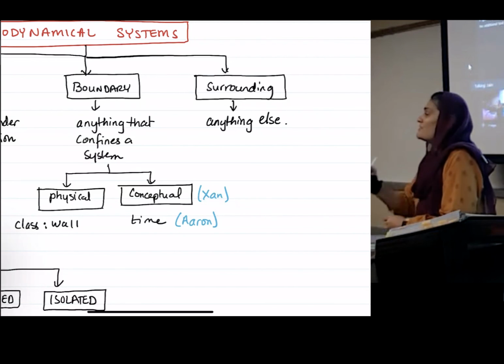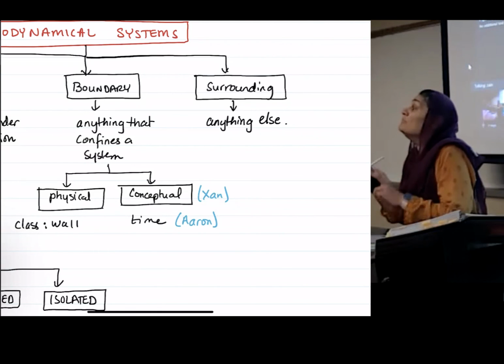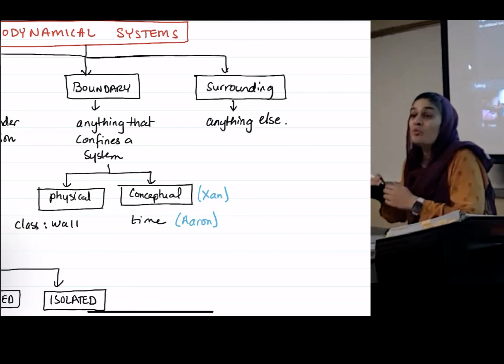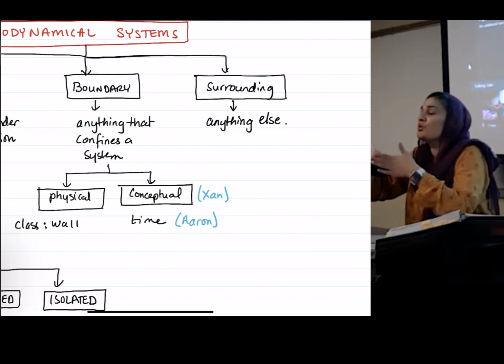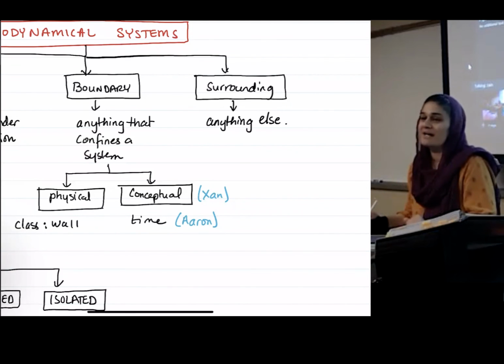Literally just the hallway outside. So physicists tend to think of surrounding as the immediate surrounding. That's the word we use, right? What is important to measure just beyond where we're at?